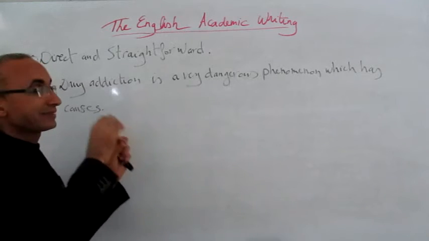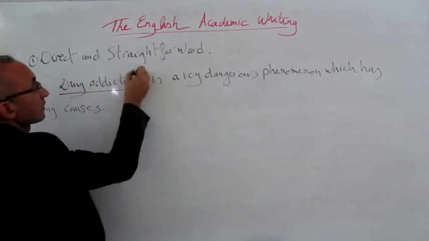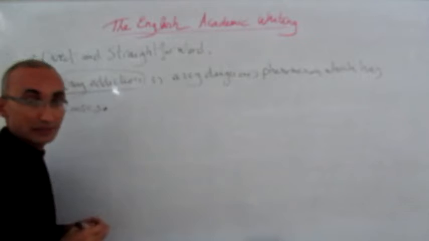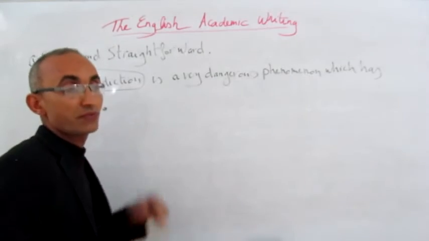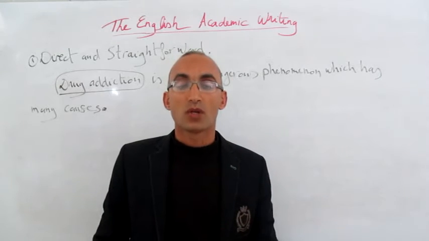You have to touch the topic from the beginning. Here is my topic. It's in my first sentence. Clear? So, this is the first feature of the English writing style and academic writing.